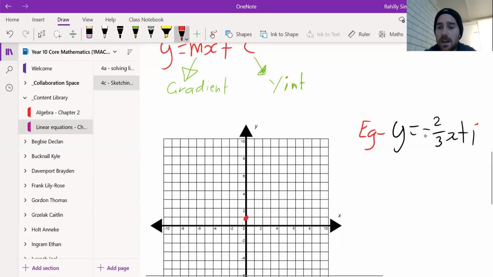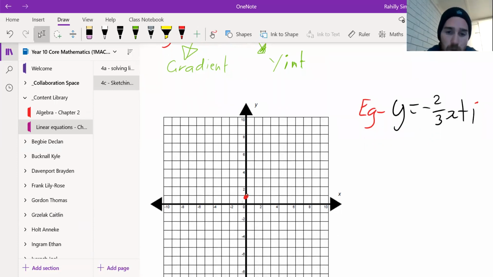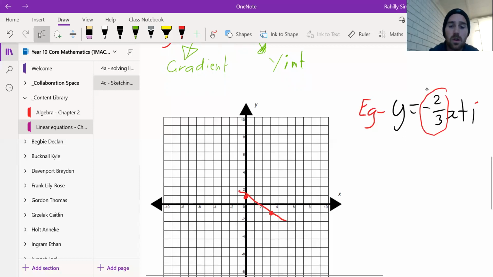Okay, because it's a negative, we have to go down 2. You'll see once we draw the line, we're going left to right, downwards. Negative 2/3. So we're going to go down 2 first of all, 1, 2. And then we're going to go across 3, 1, 2, 3. There's my second point. Next, the line: you will see that it is now left to right, downwards, meaning it is negative. If you have a negative gradient, like we do here, your line is going to go downwards from left to right.